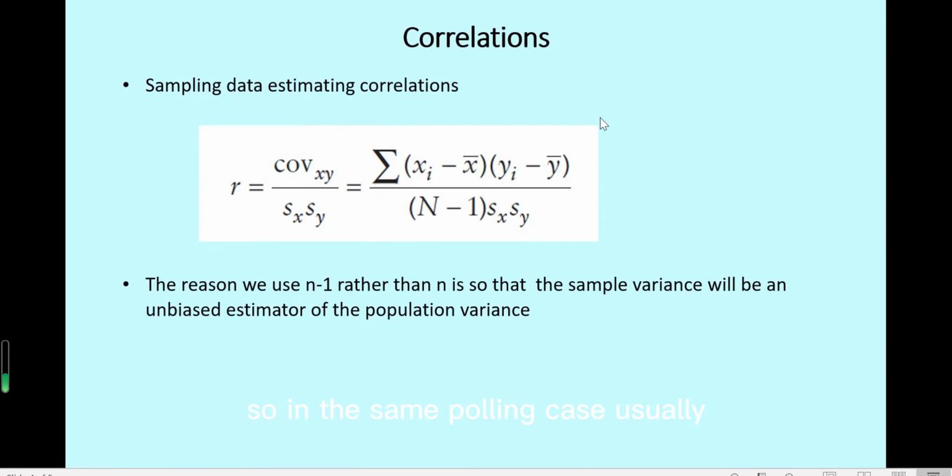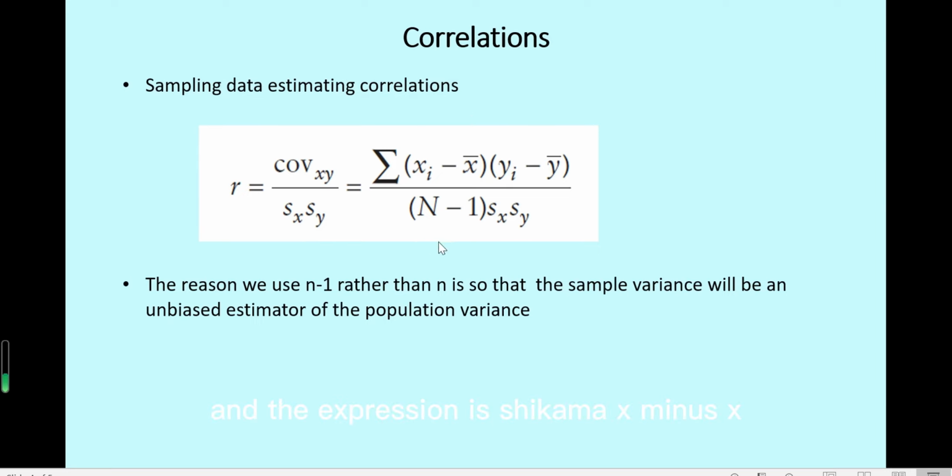In the sampling case, usually we calculate the correlation coefficient, represented by r, which equals the covariance of x and y divided by the standard deviation of x times the standard deviation of y. We use S here.